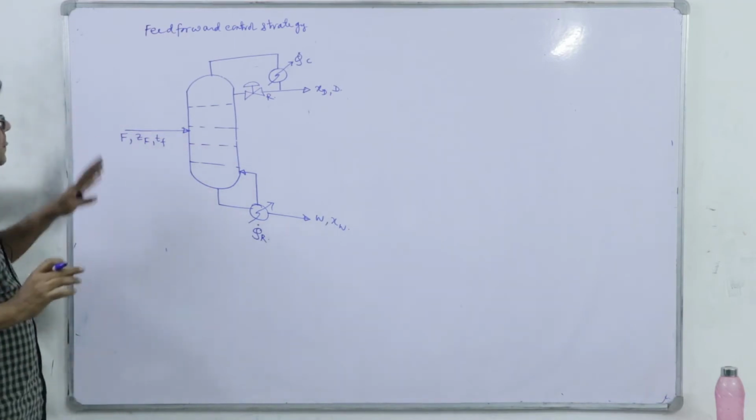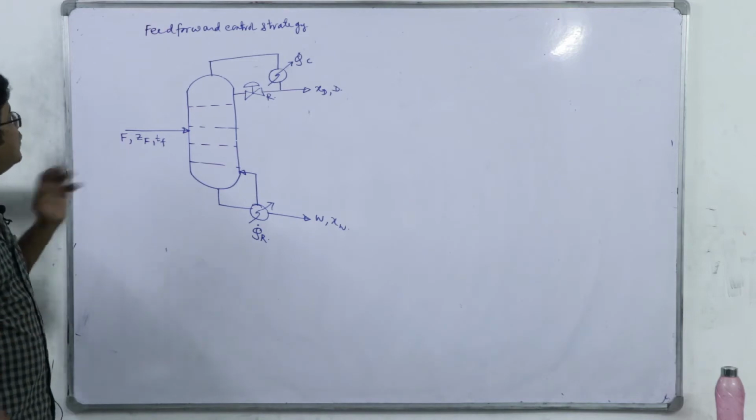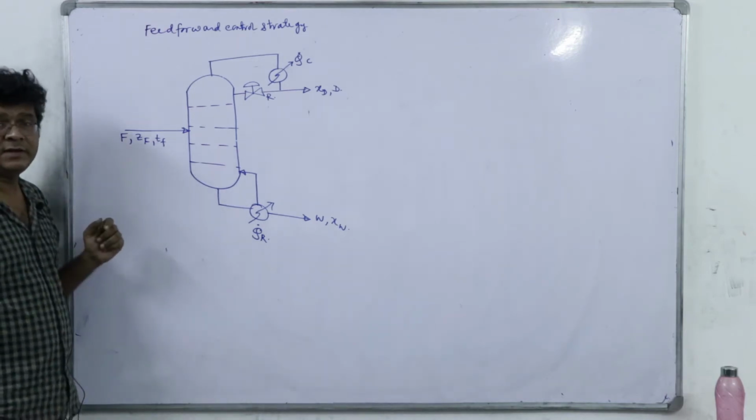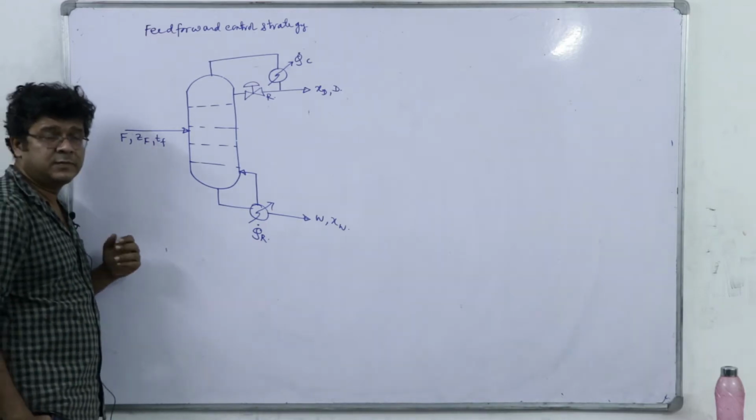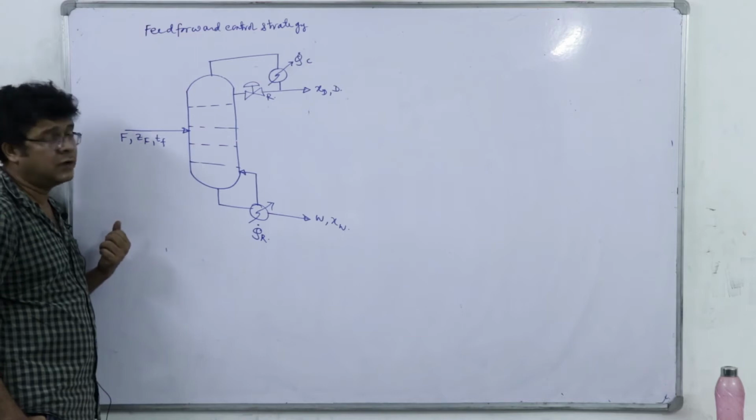Now, you see, in order to implement this feed forward control strategy, we have to identify the most potent disturbance which often deviates from its design value and causes the control objective to deviate from its set point.